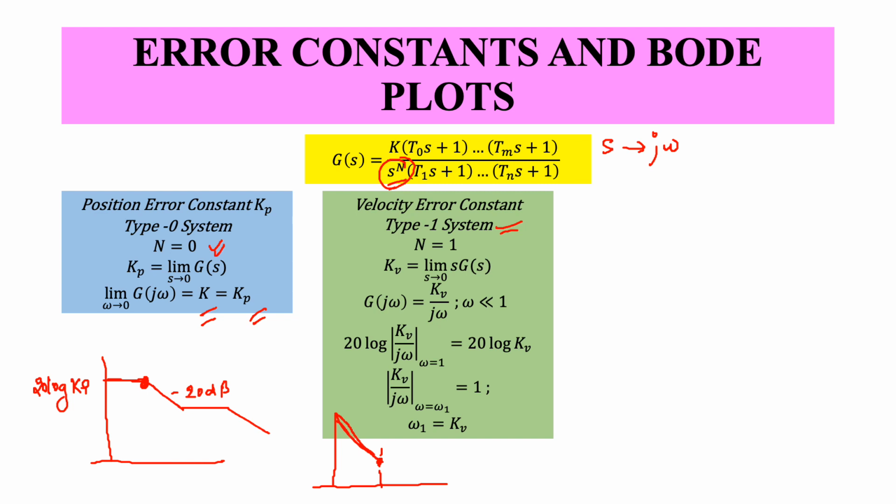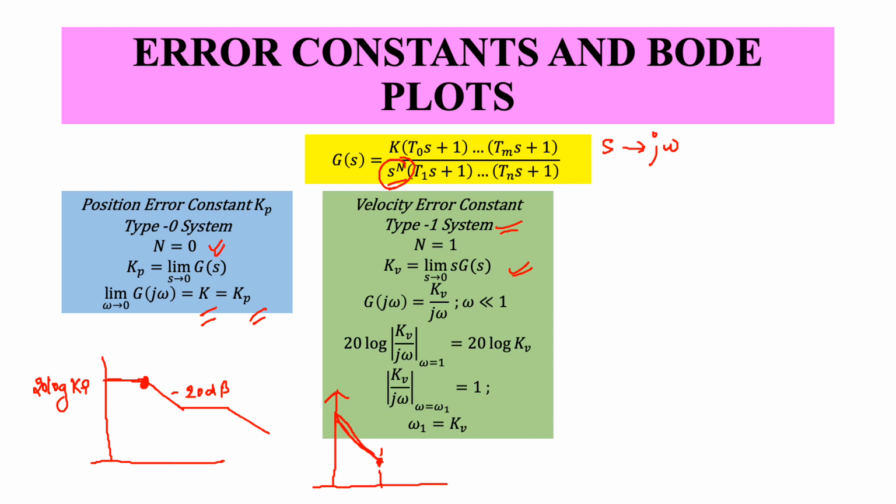So for lower frequencies, G(j omega), because the system is type 1, will look like this. These are again very small omega. When s approaches 0, sG(s), that is my velocity error constant. So now 20 log K by j omega. There are two ways of finding it. When I put in this, it will be Kv by j omega.